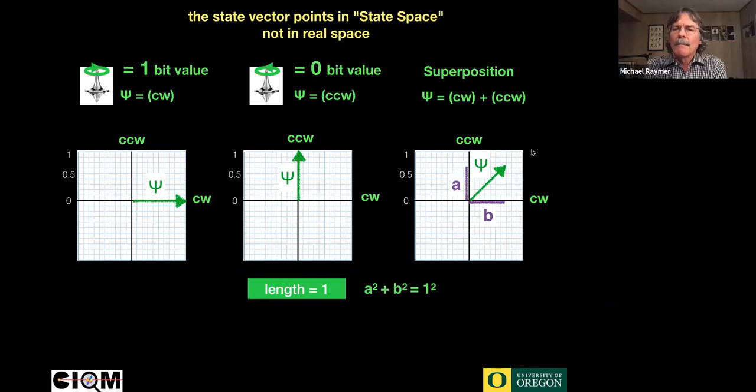There's a question: can you talk briefly about how you prepare an electron in a superposition state? There's various ways to do that. I'm going to try going over to the Jamboard, if I can.